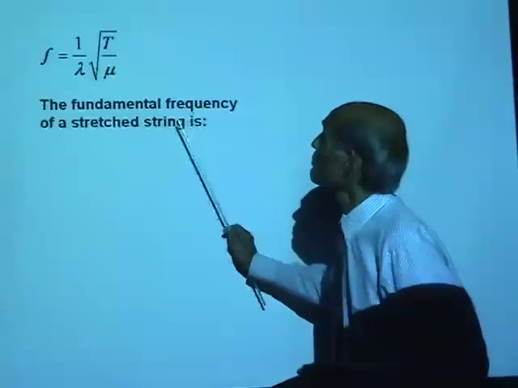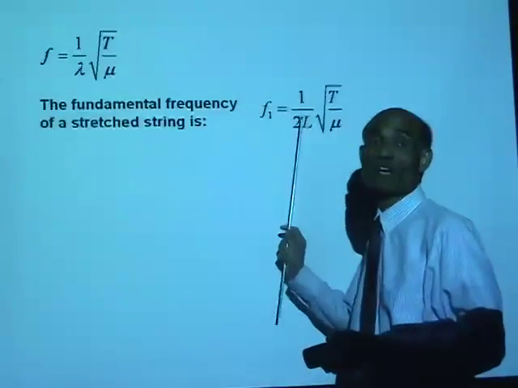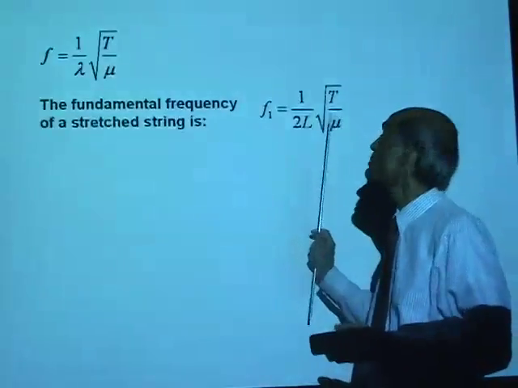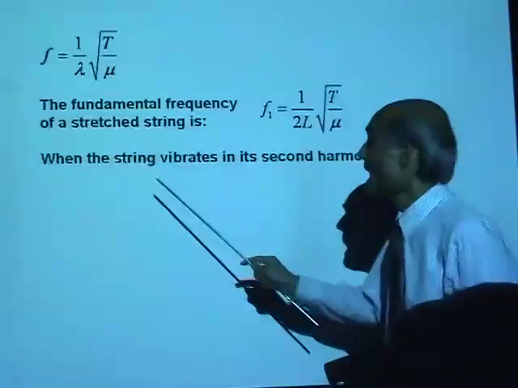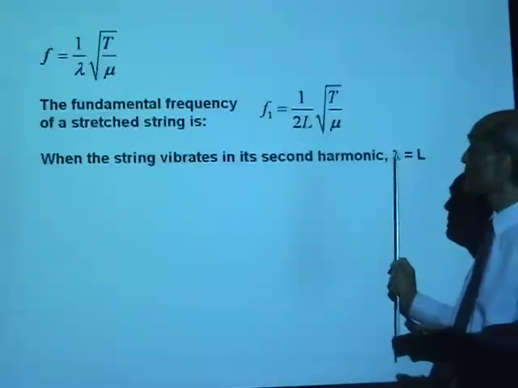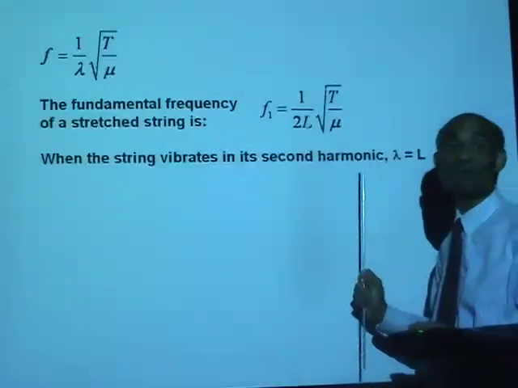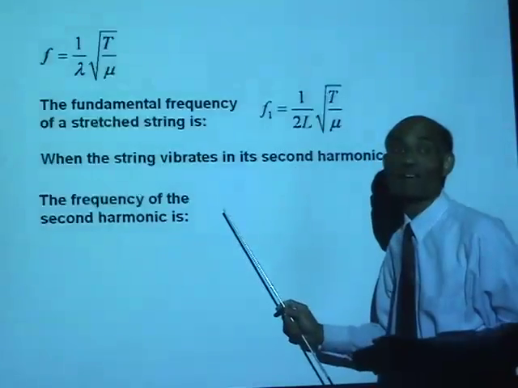The fundamental frequency of a stretched string is, you know this, F1 equal to 1 over 2L square root T over mu. And when the string vibrates in its second harmonic, look at this, lambda will be equal to L. So what will be the equation for that then?